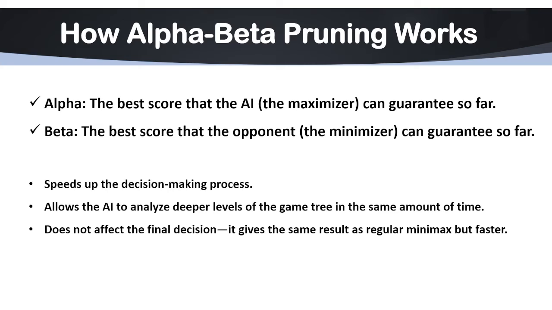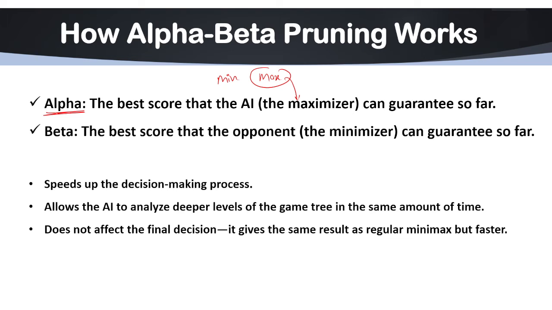Now, the next point that is very important for you is how alpha beta pruning works. Here, as you can see, we have two values. The first value is alpha and the other value is beta. Alpha is the maximizer, as we have discussed in the previous min-max algorithm, where max is the maximizer.